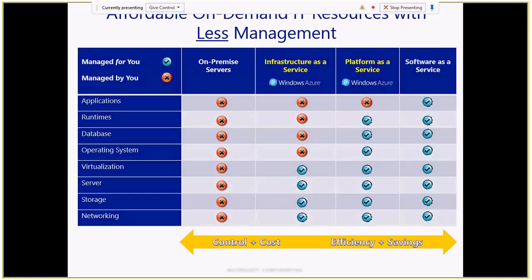But you can move back and forth very seamlessly because it's the same technology wherever you're at within this continuum. So it's nice to see that as your organization is growing and as you're looking to change your organization and follow the trends going on today, you can start to look at where do I want to test myself into Azure, or do I want to go fully with Office 365?